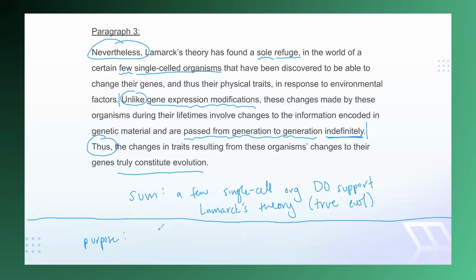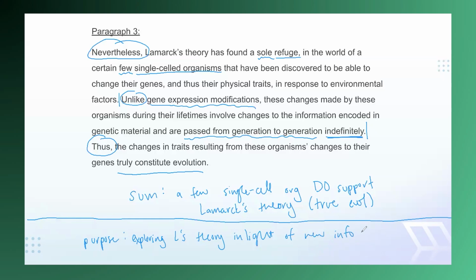And what comes to me on reviewing my summaries is the following phrase: exploring Lamarck's theory in light of new information. And if you come up with something slightly different, that's totally okay.